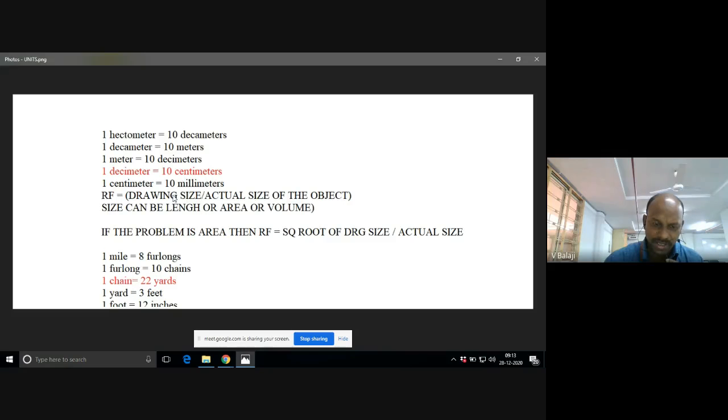That doesn't mean there is no 1 kilometer line. The 1 kilometer line is there, but we are representing it on the drawing sheet with a 10 centimeter line. While writing the dimension, we will write kilometer only. Don't write 10 centimeter like that. So this is the representative fraction. Is it clear?